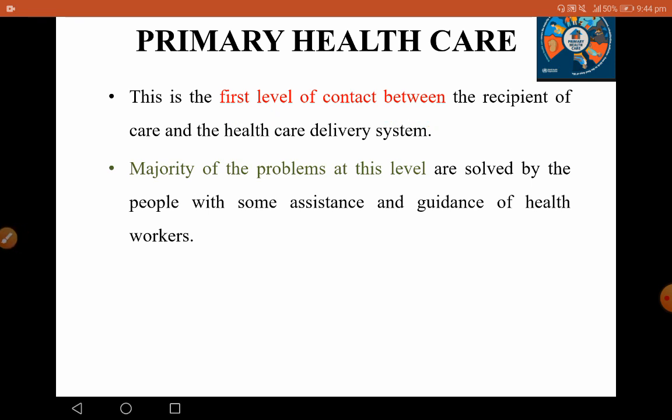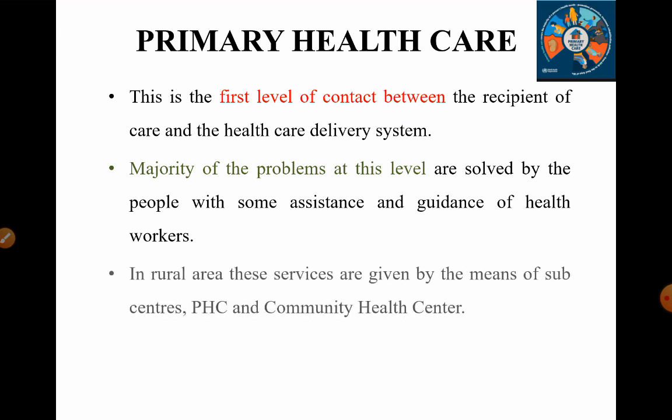As I have already said, primary healthcare services have a limited number of staff, but the majority of the patients' problems will be assisted, and proper guidance will be given by the healthcare workers. In rural areas, these services are given by sub-centers, primary health centers, and community health centers. These are the three important primary healthcare centers in rural areas.